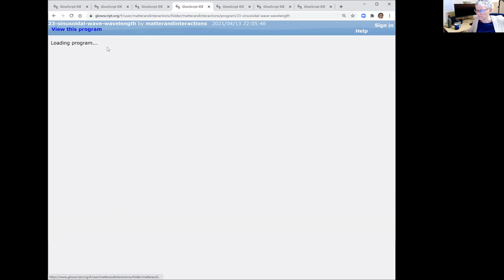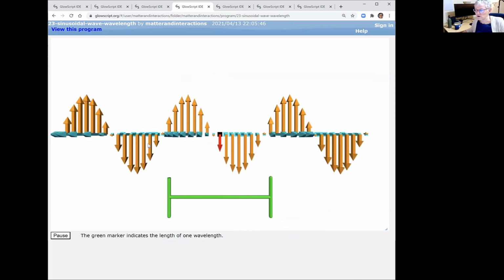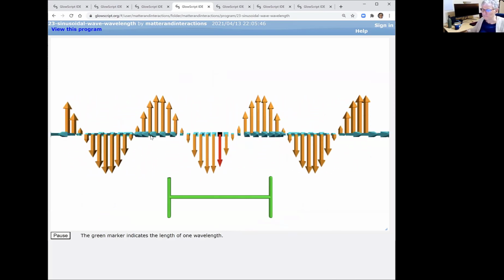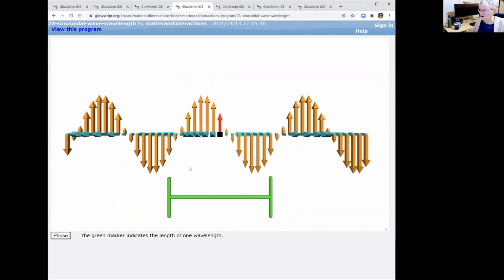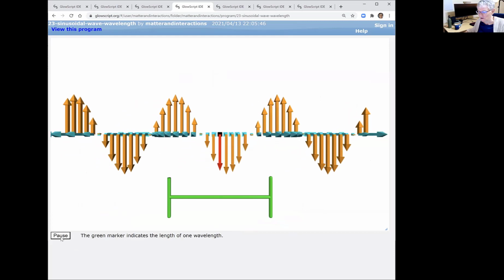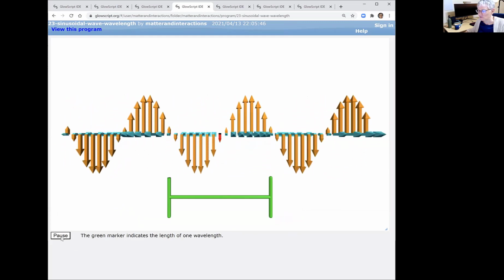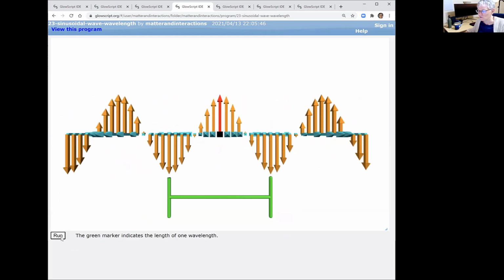Let me rerun this. Now there are some terms for sinusoidal waves. There's a thing called the wavelength, and the green marker at the bottom indicates one wavelength. What's the wavelength? It's the distance spatially, so you need two observers, or you need to walk around to measure this, between one peak and the next peak, or one trough and the next trough, whatever you call it.